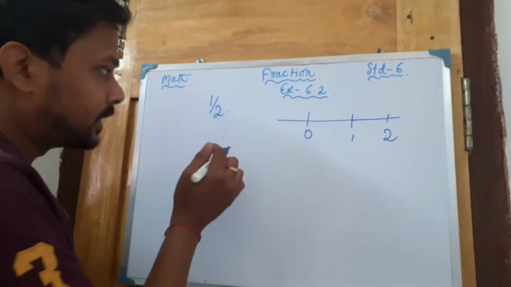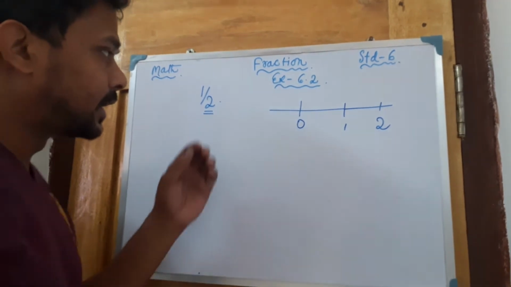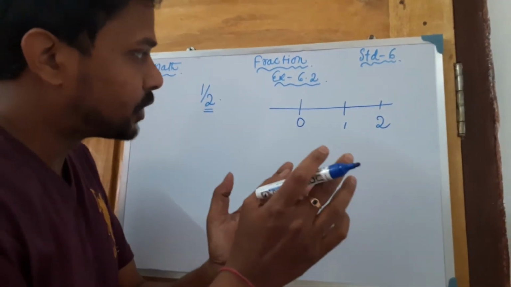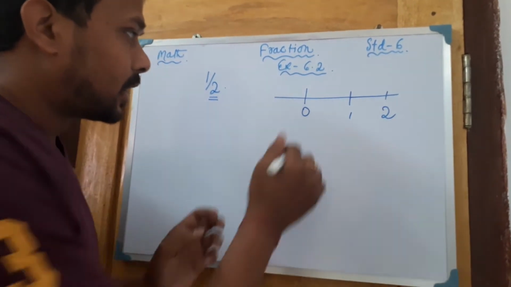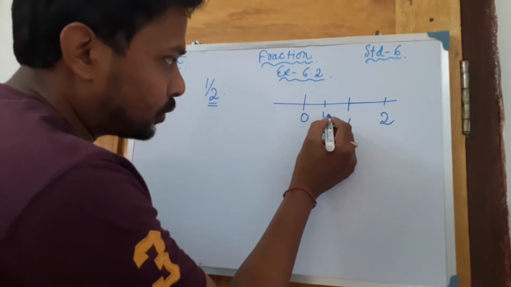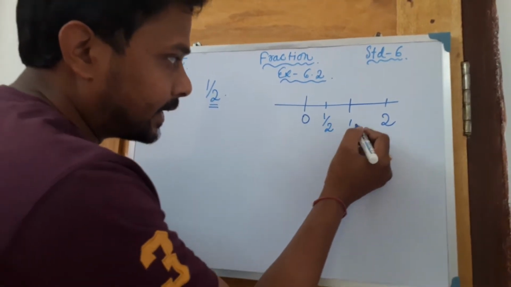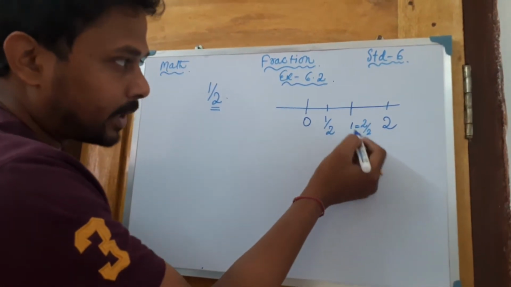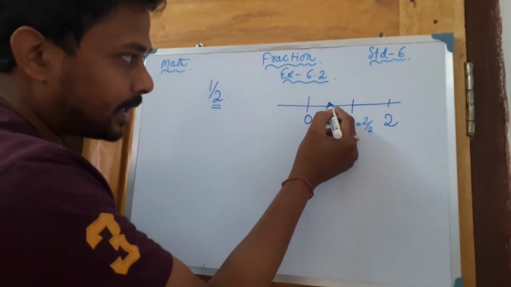So you have to check where 2 is, and that means you have to draw the actual position of that one. If you place 1 by 2 here, then this one can be written as 2 by 2. Okay, so 2 by 2 is 1, and half will be here in between.